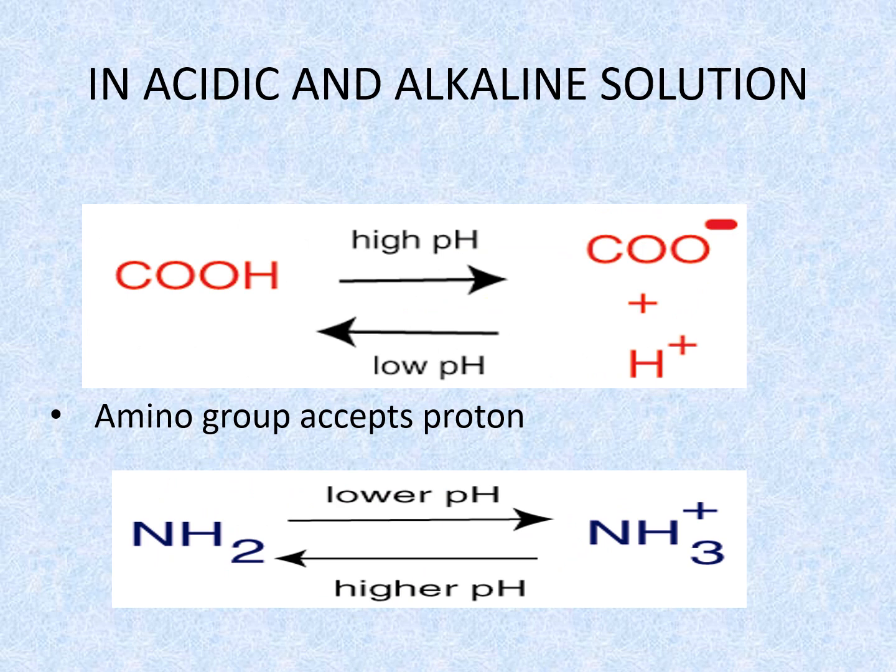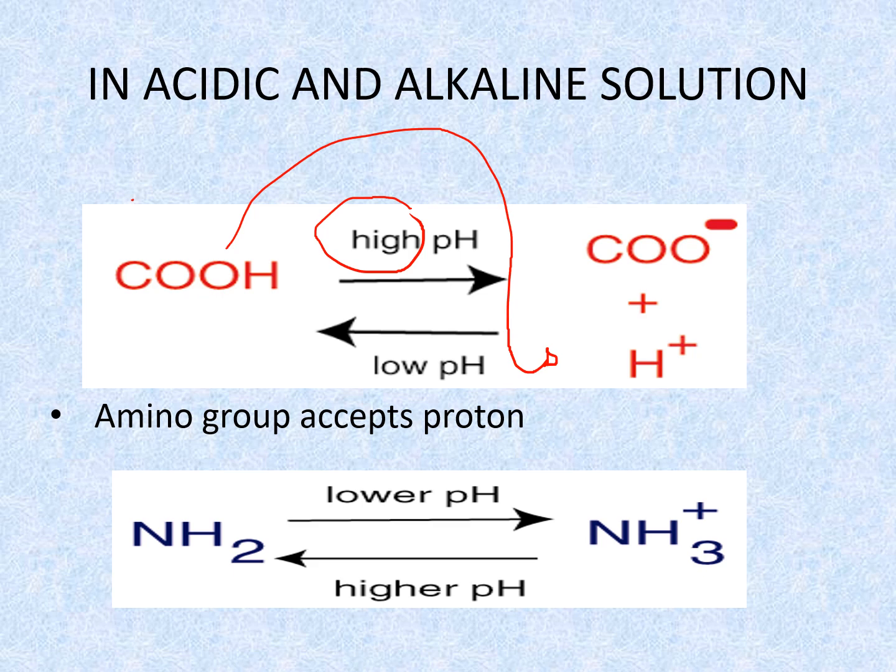Now let's talk about the behavior of your carboxyl group when it is exposed to acidic or alkaline solution. Your carboxyl group, once exposed to alkaline solution or high pH, the normal behavior of it is to let go the proton.